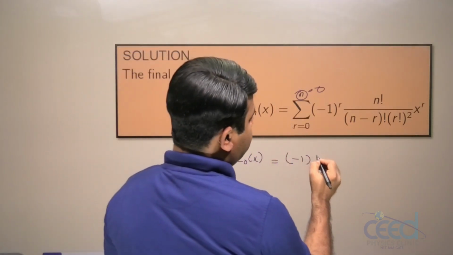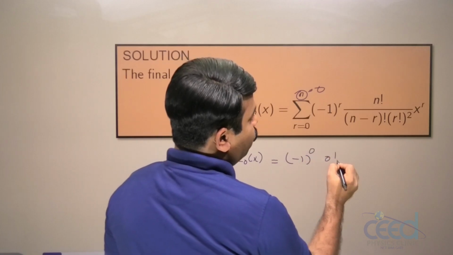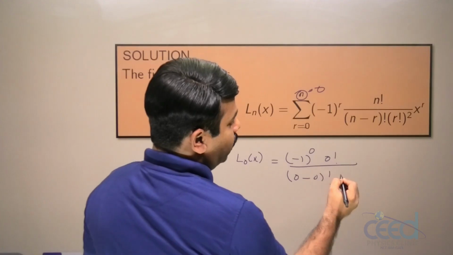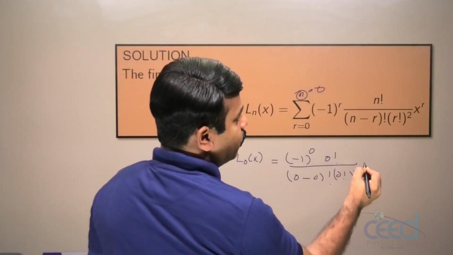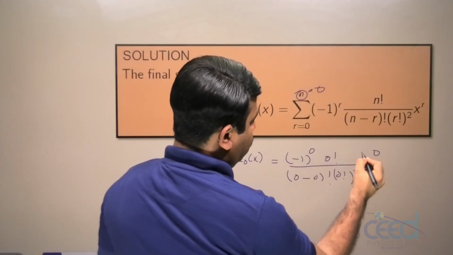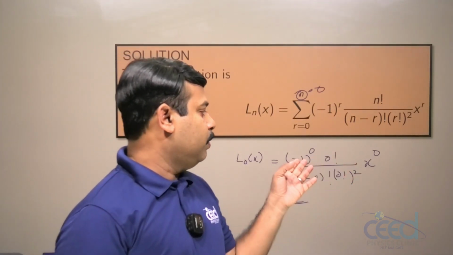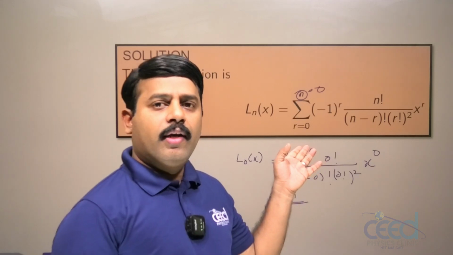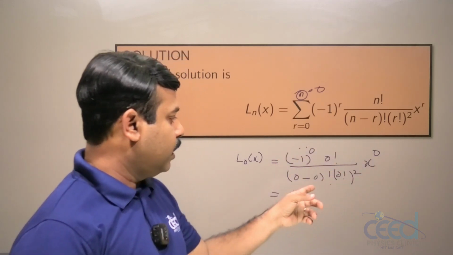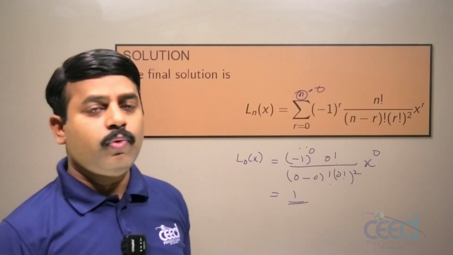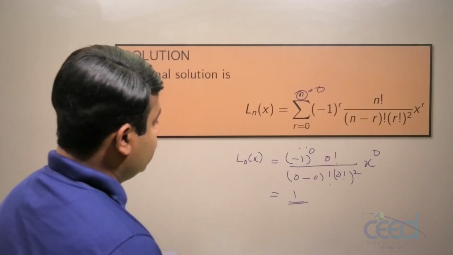That means minus 1 raised to 0, 0 factorial divided by (0 minus 0) whole factorial into 0 factorial whole square, into x raised to 0. Definitely it is 1 only. So L0 of x is equal to 1.